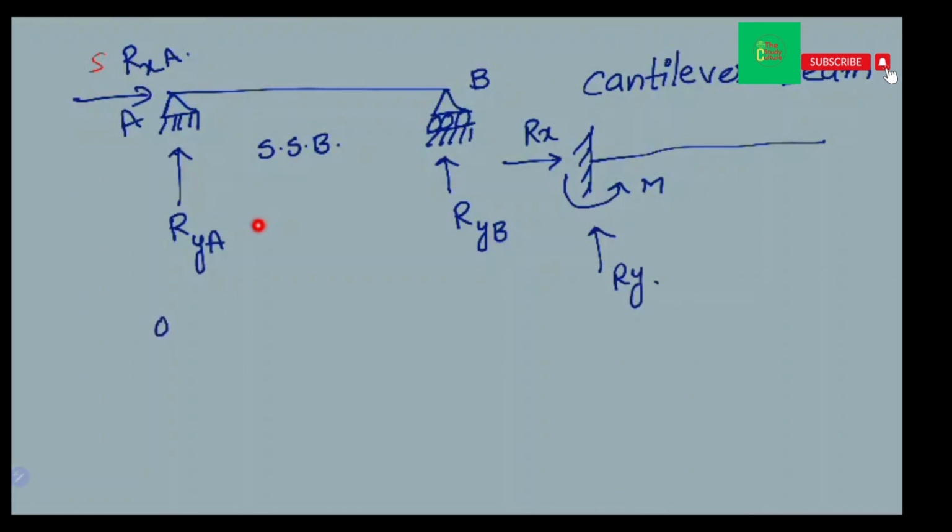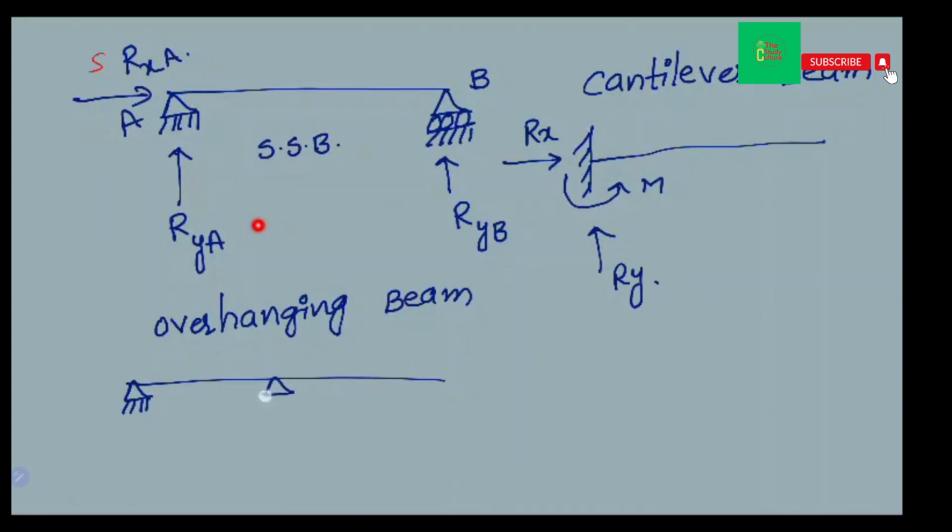Overhanging beam. The beam which is overhanging beyond the support. That means consider two supports.